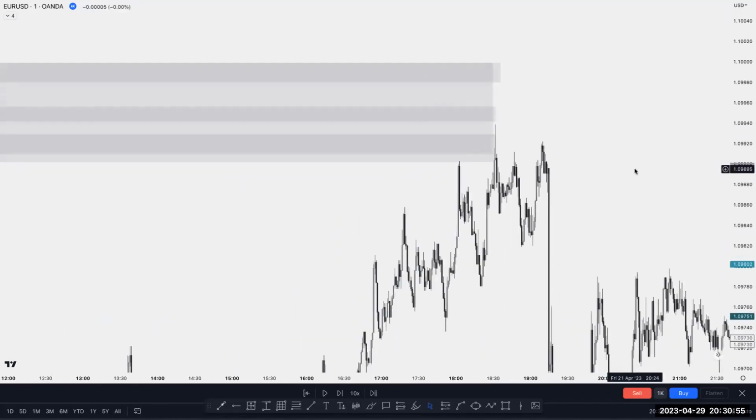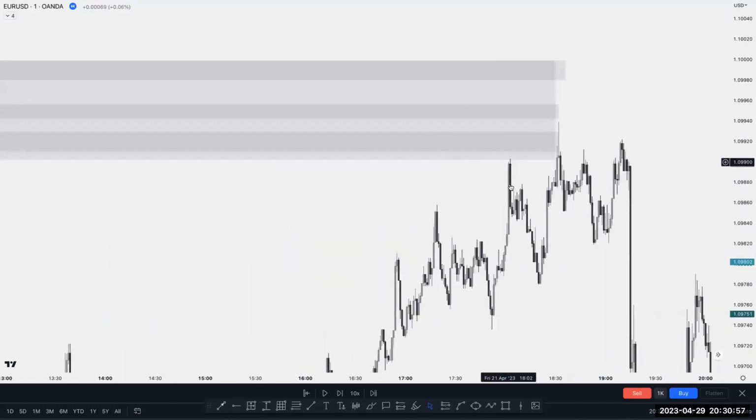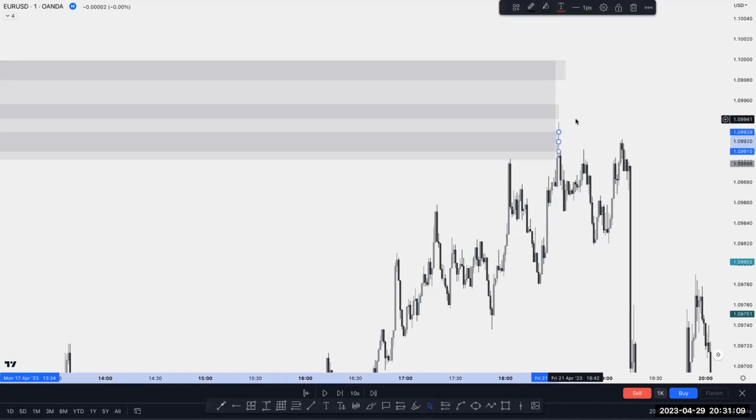In a first attempt, you can see market did not respect your refinement order block, just pushed downside. It means you don't need to take any action here. You have to wait for it. So in the next attempt, market breaks this one.